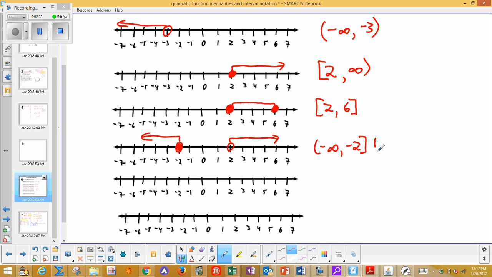And then this sign, a union sign, and maybe you've seen that before, start at 2 and go to infinity. So this is a way of saying this interval and that interval. Okay, so those are the two at once.